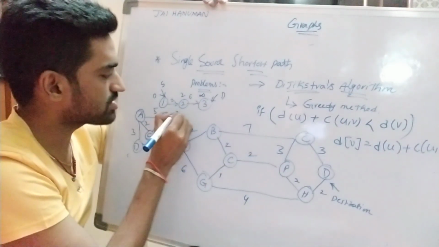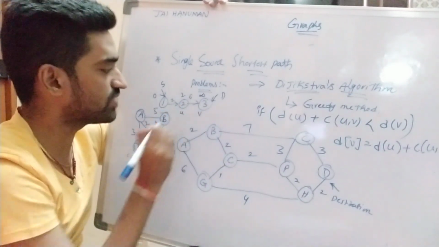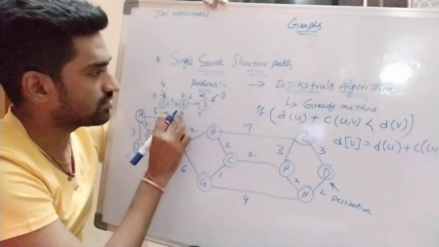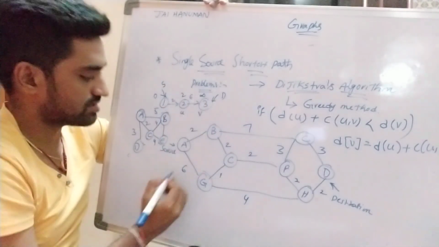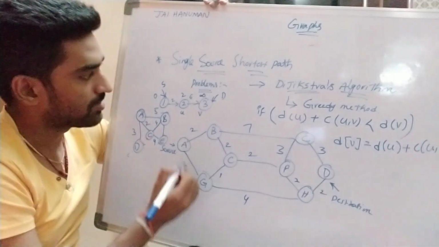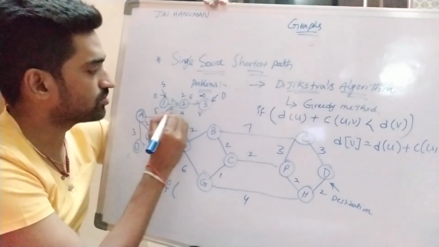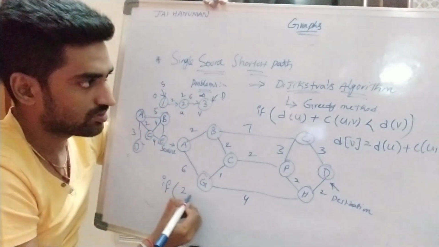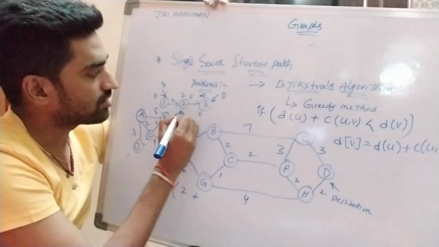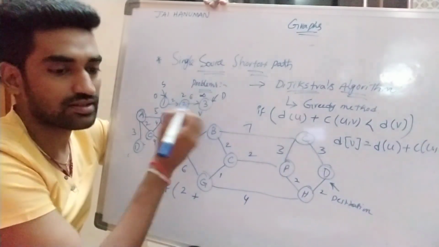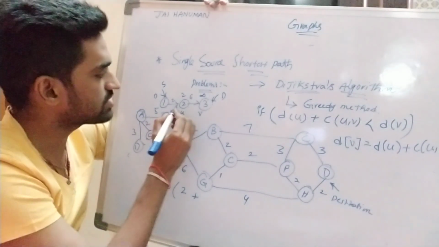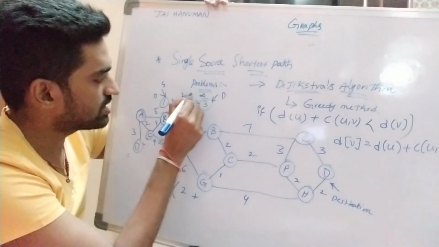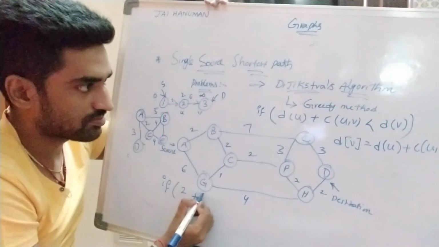Suppose I consider this is u, this is v. The distance of u is 2, plus the cost of uv. What is the cost of uv? The cost of uv is 6.